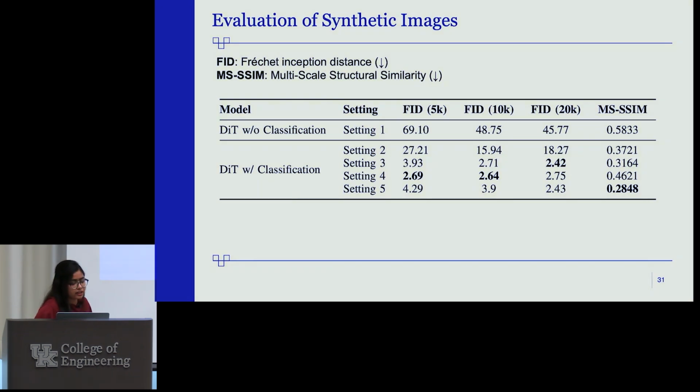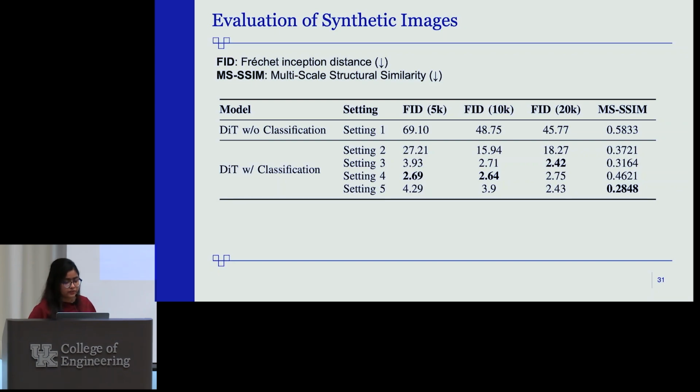If you see the FID scores without any classification model and with the classification model, the FID scores dropped a lot. When we introduced the classification model with the DiT model, it was able to learn more specific features, and it was able to generate images that learn classification and disease attributes, and it helps the diffusion model to generate more feature-realistic images.